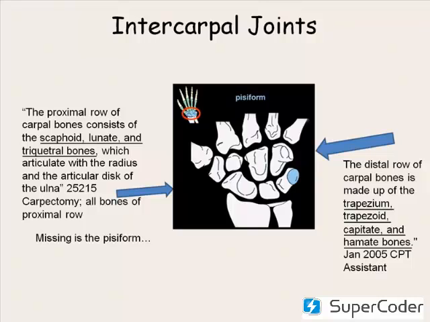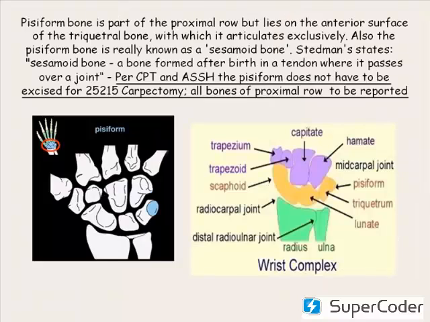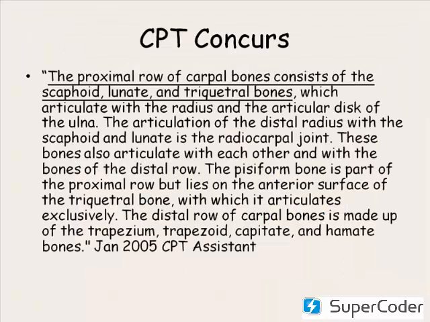On slide 7, both CPT and ASSH, the American Society for Surgery of the Hand, let you know that not having that little pisiform still does not take away from reporting 25215. On slide number 8, the January 2005 CPT Assistant tells you that those would be the ones in which you'd be able to support the proximal row, and also gives you information regarding the distal row.